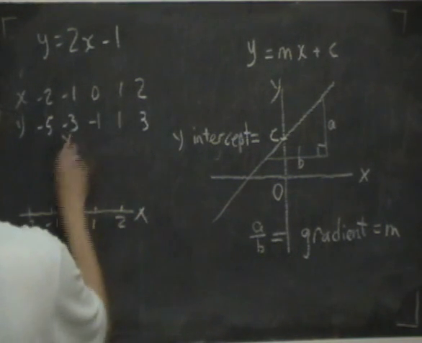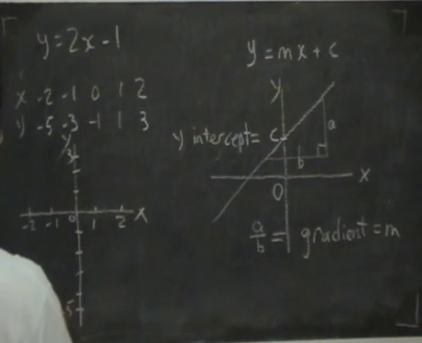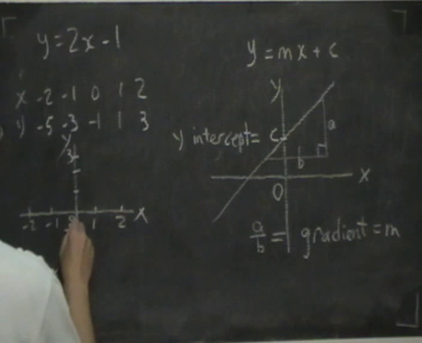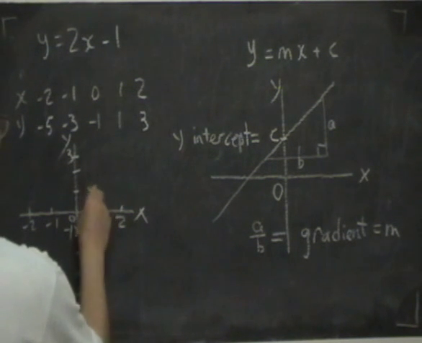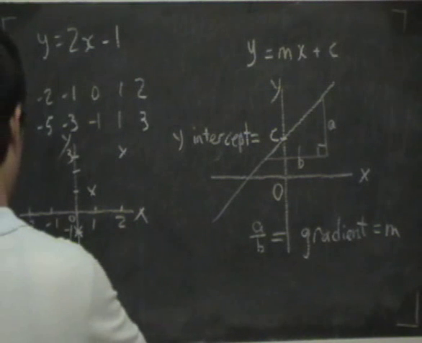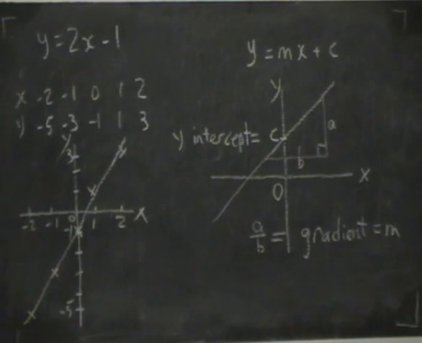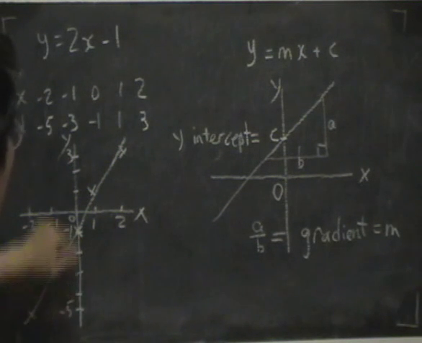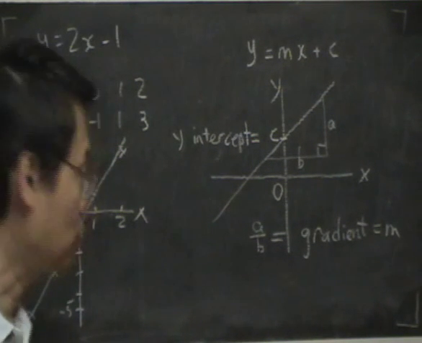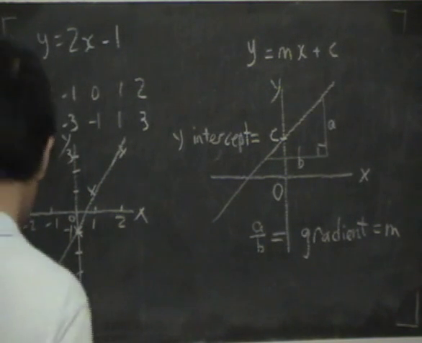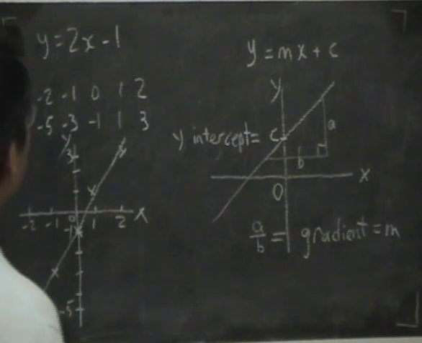So that's the x, that's the y, and we go minus 2 is minus 5, minus 1 is minus 3, 0 is minus 1, 1 is 1, 2 is 3. Okay, so we get a straight line that goes through minus 1. So there we have the intercept, and the gradient is the same. The gradient is equal to 2 if we actually calculate it.